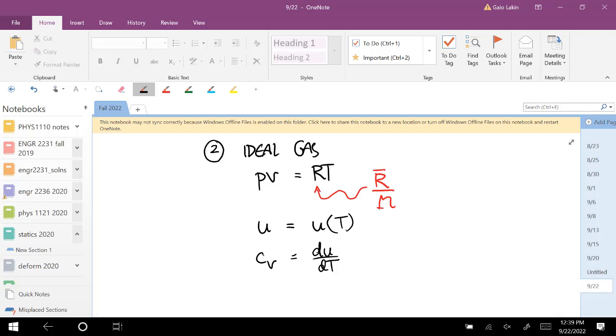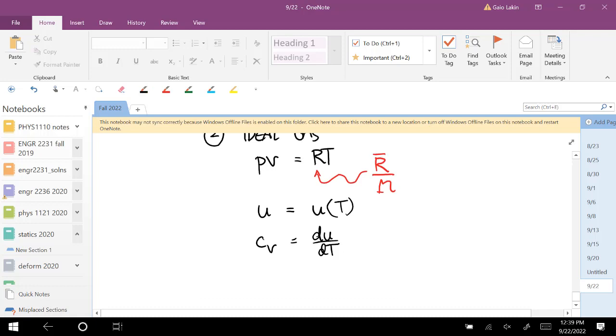And since H is U plus PV, and PV is equal to RT, you can see by substituting the ideal gas law that C_P is just C_V plus R.